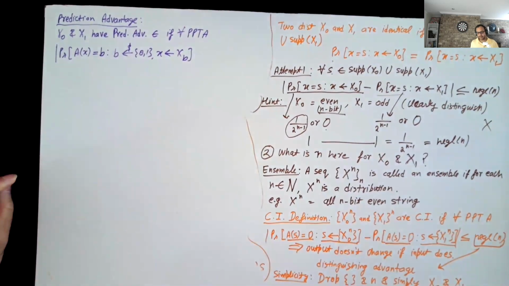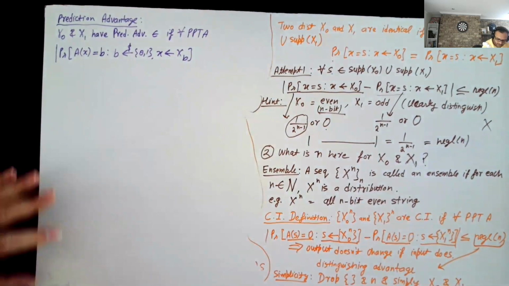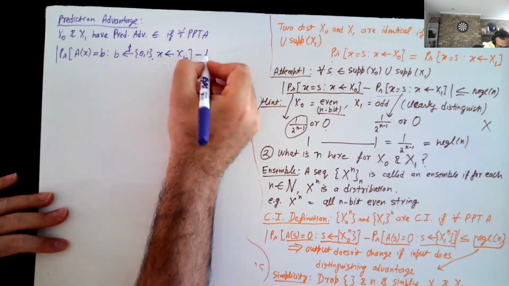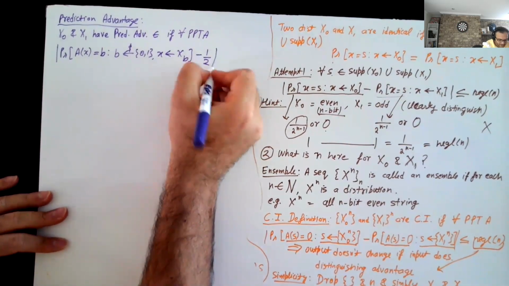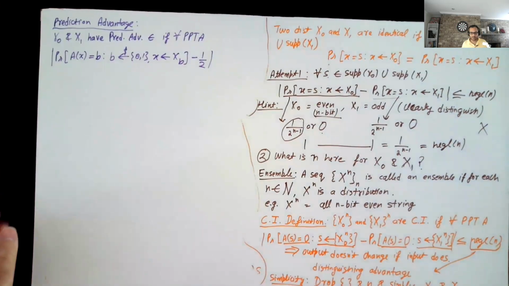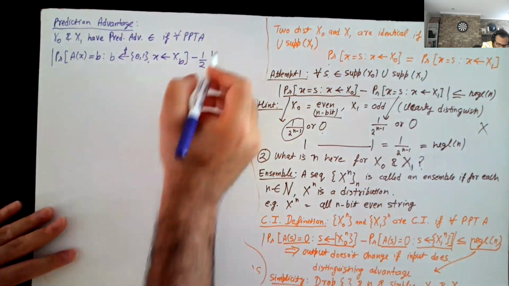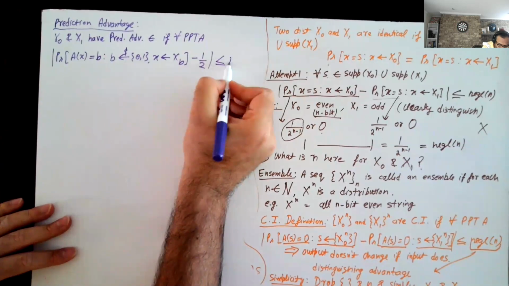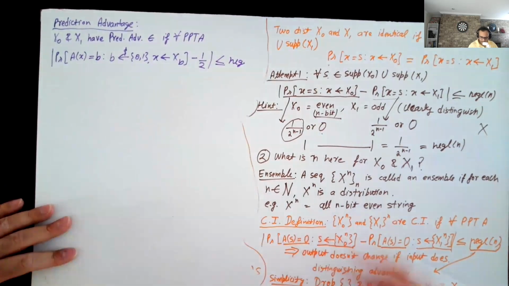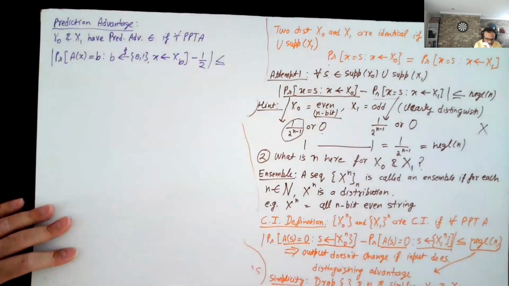So we are looking at this probability, right? An adversary which doesn't even look at the sample can be correct with probability half. So we are interested in seeing how much this adversary is able to do compared to half. And we need this to be not negligible, we need this to be epsilon.